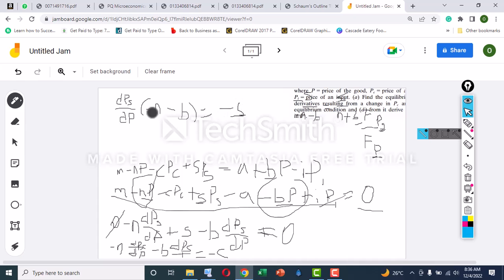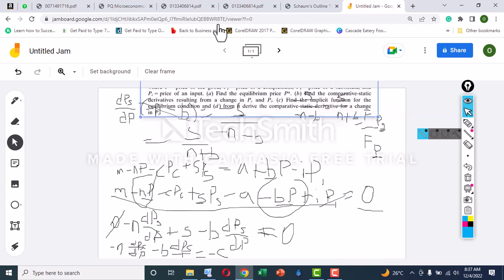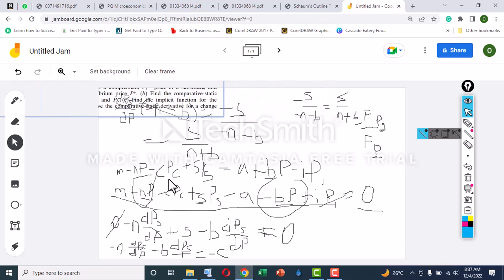So divide both sides by minus n minus b. It will cancel, so this one will be minus n minus b. So you can see that we have come back to this minus n minus b. By the time you factorize the minus out, you are going to have s over n plus b. So check the answer here, you can see that we have the same thing.